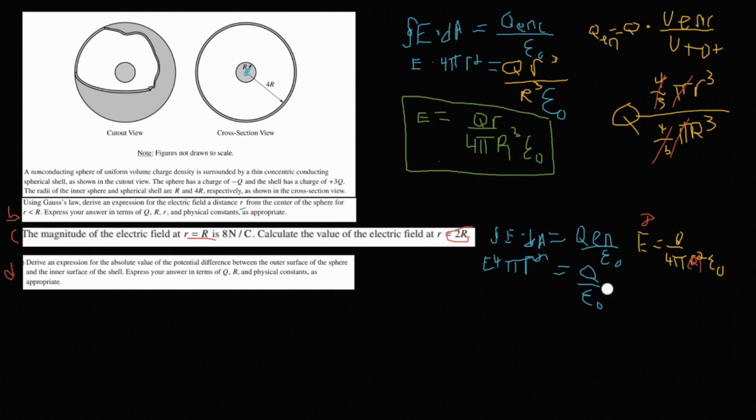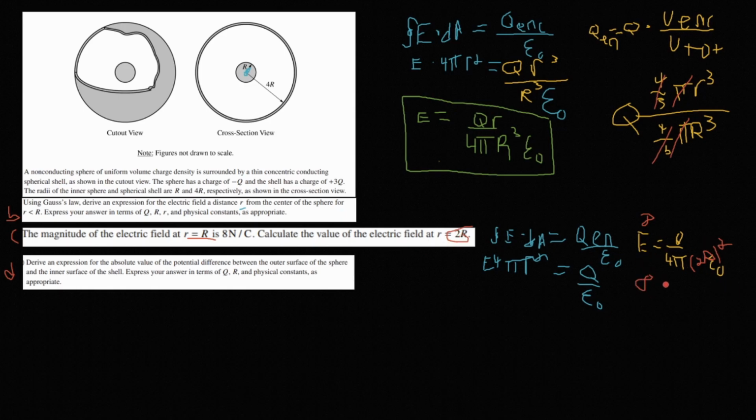And so instead of this being that, it's going to go to 2r squared. And so this is actually going to be a factor of 4, but it's multiplied by 1 over 4. We're just substituting this back into it.